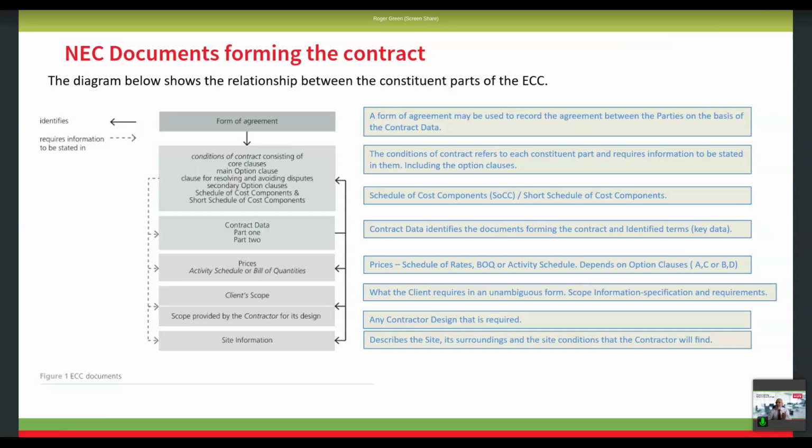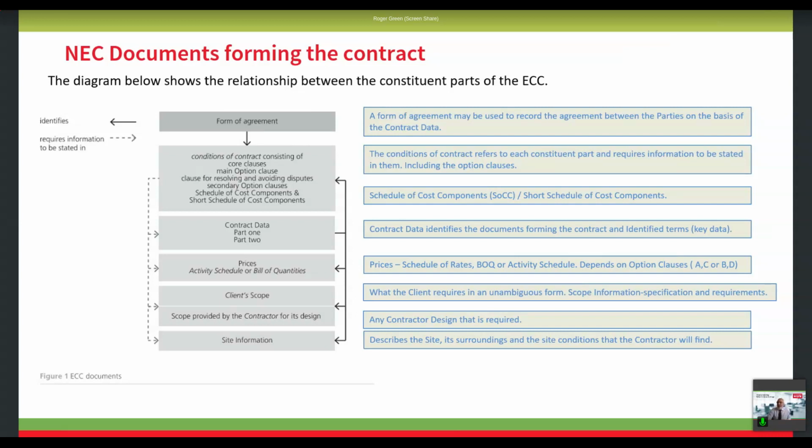It is, and I have taken this as a direct quote, what the client wants and requires in an unambiguous form. So we'll talk about the ambiguity a bit later on, but it's the scope information. So it specifies the works that are to be done and the requirements.